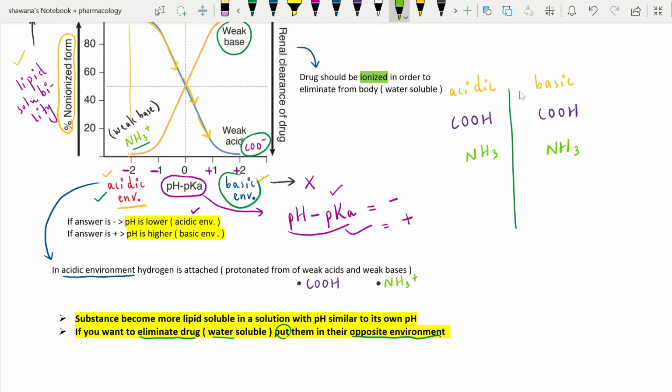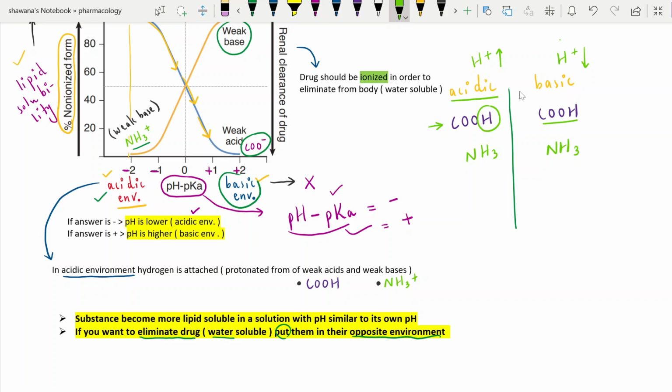Understand that in an acidic environment there are a lot of protons, and in a basic environment the protons are fewer. So when we put a weak acid in an acidic environment, it gets protonated, hydrogen becomes attached to it. When we put a weak acid in a basic environment, because protons are fewer, it gets deprotonated, so this form is present in the basic environment.